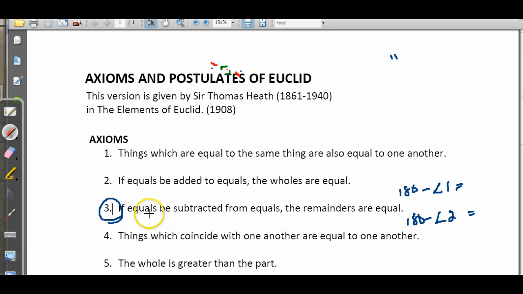So it says if equals, that's these two right here, are subtracted from equals, then the remainders are equal.